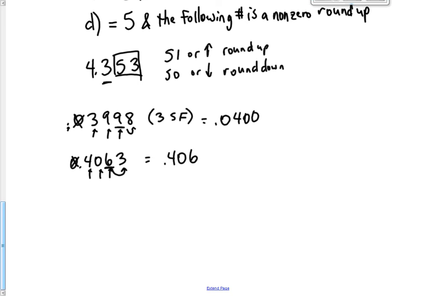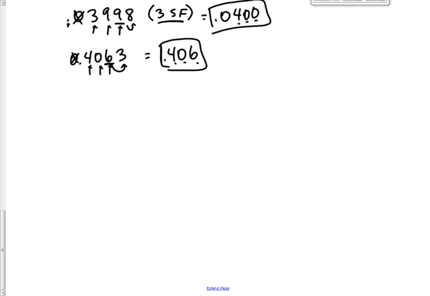Now you may be asking, why didn't we change this 3 to a 0 like we did in the last example? We want to end with 3 significant figures. Here we end up with 3 significant figures, and here we end up with 3 significant figures. So you need to add zeros or take away zeros sometimes in order to get the proper number of significant figures. Okay, and through practice, I think we'll be fine with that.